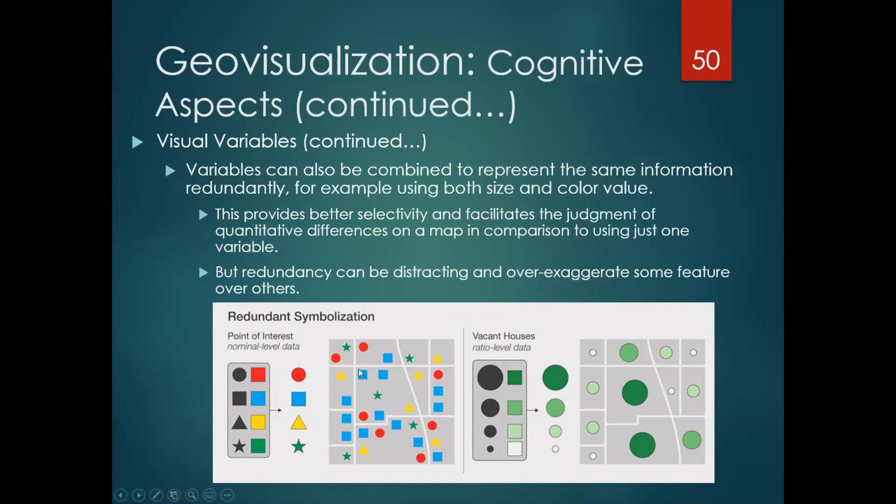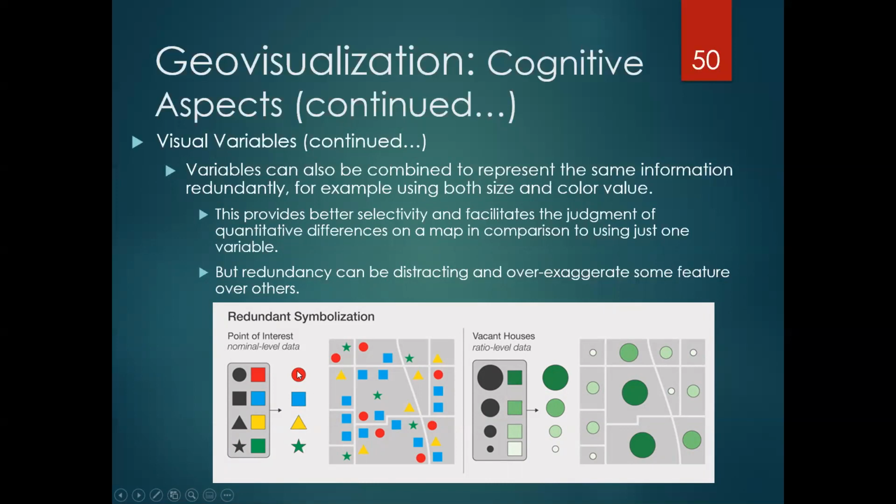Here, two visual variables have been used to show this single nominal level data variable. The first visual variable is color. A specific color is for a specific category. So we have 4 categories: red, blue, yellow, and green. And since this is redundant symbolization, another visual variable, which is the shape of each symbol, has also been used for a category. The first category is circle, second one square, third one triangle, the fourth one star.